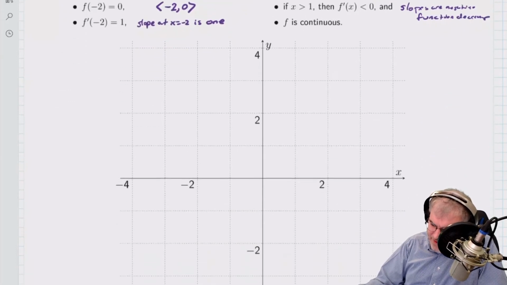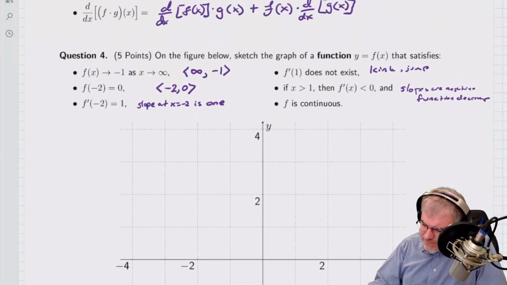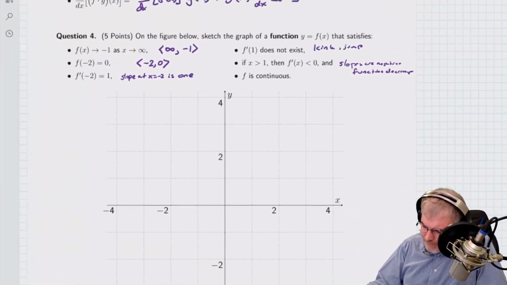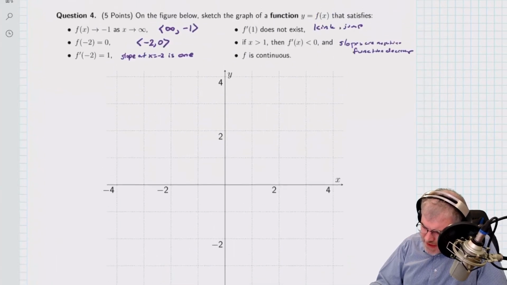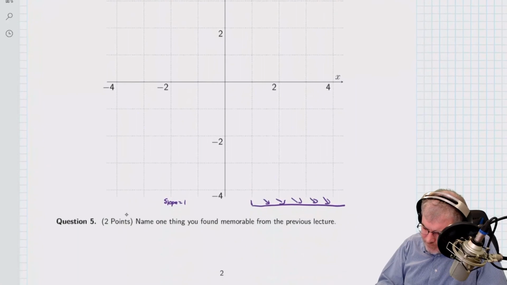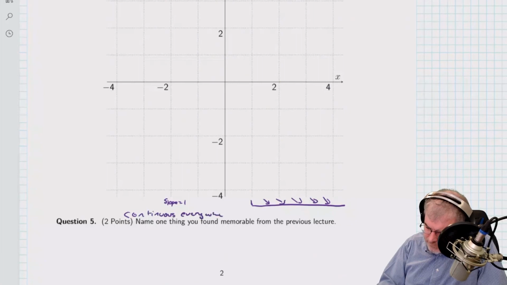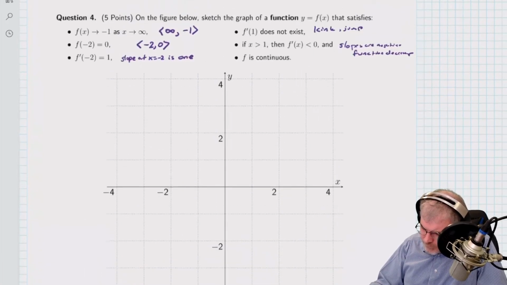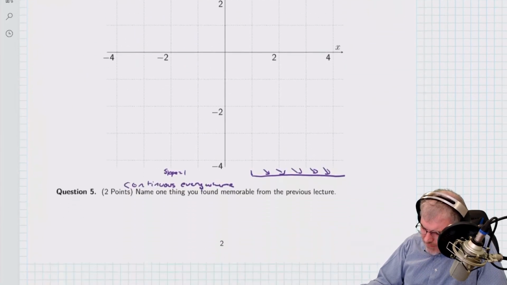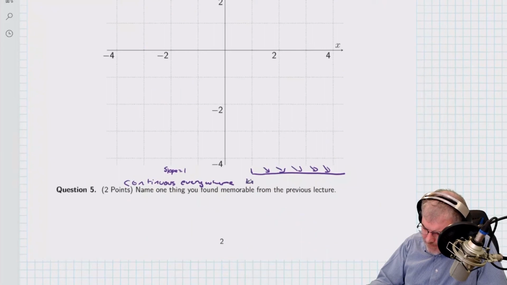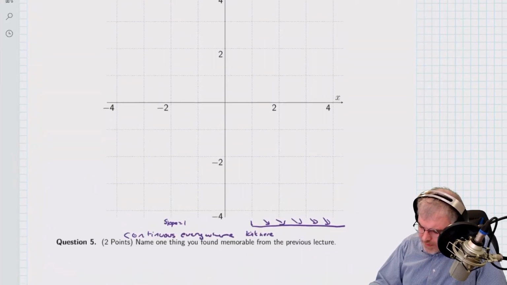F is continuous. Okay. So I want it to be decreasing for x greater than 1. I want it continuous everywhere. And I wanted a kink at 1. Okay.